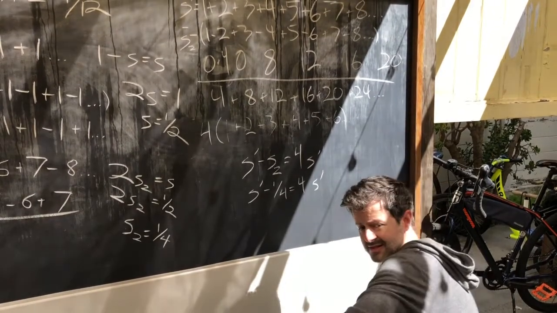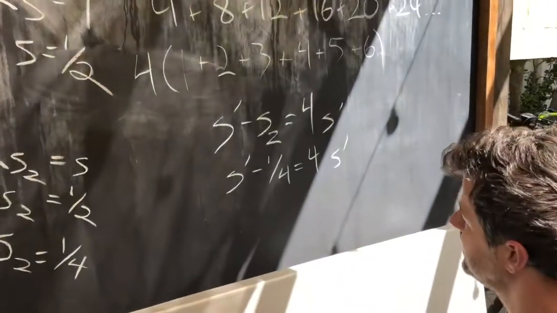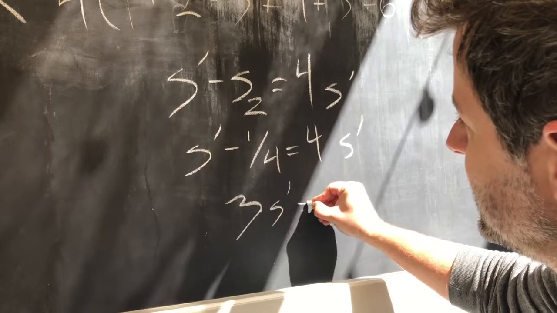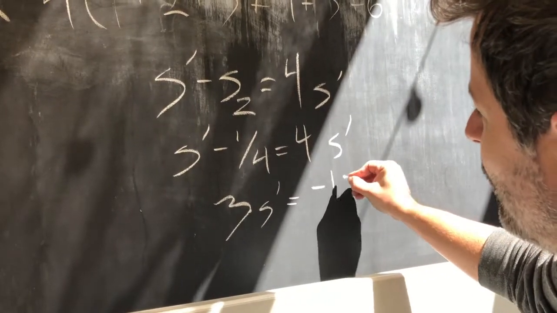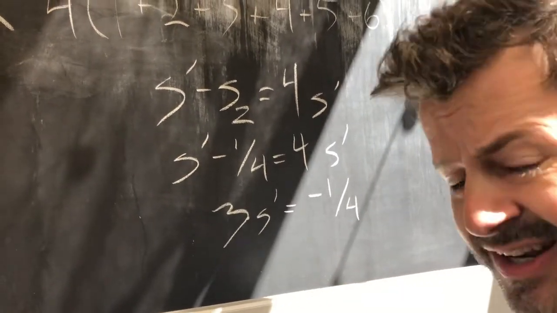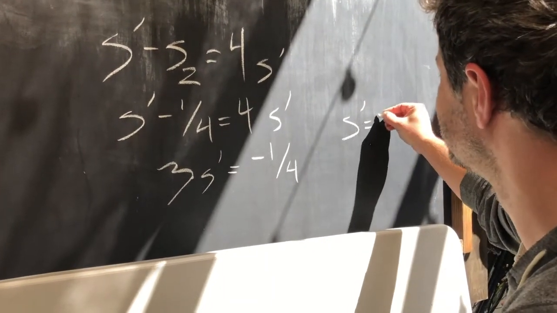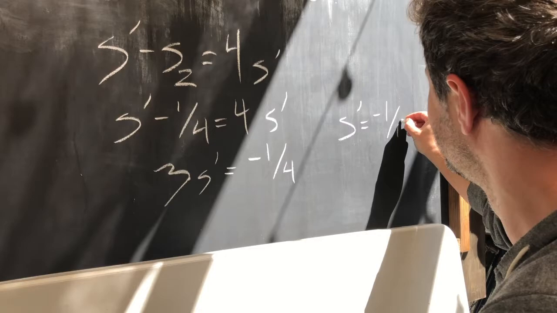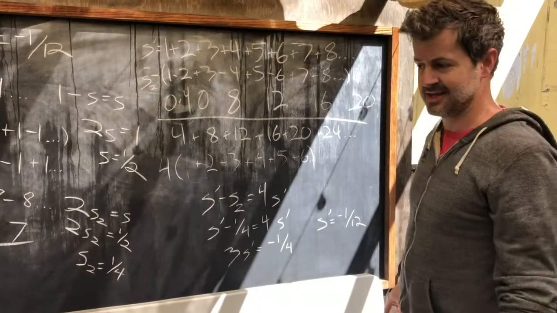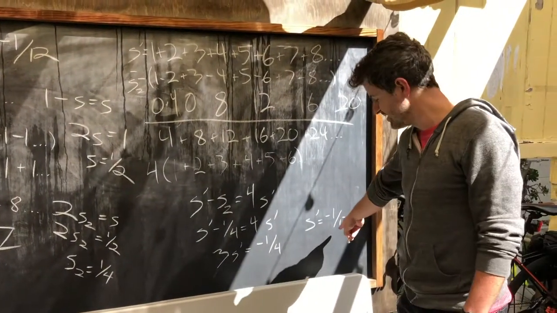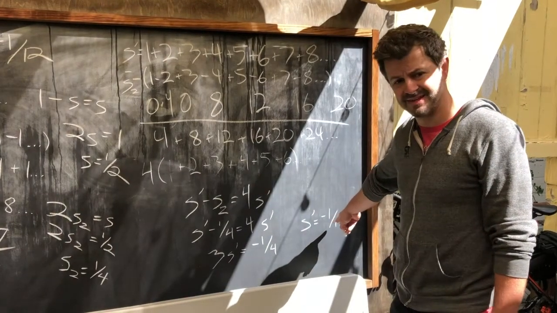We combine these, move this S prime over here, we wind up with 3 S prime equals negative 1/4, which means S prime equals negative 1/12. The sum of all positive integers can be expressed as a negative fraction.